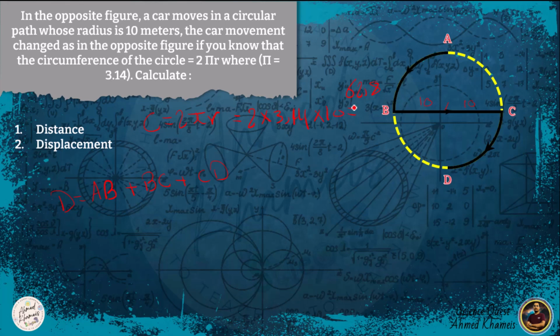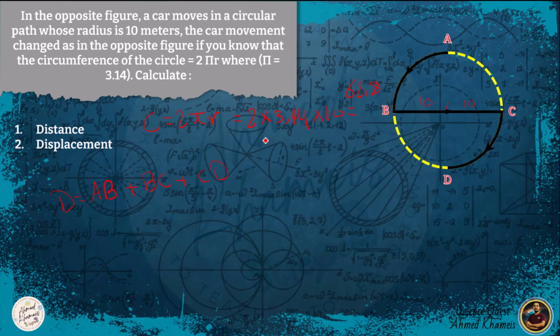equal 62.8. Then determine how much of the circle the object moves: half a circle, quarter of a circle, 3/4 of a circle. So in this figure, the object moves quarter plus quarter, so the object moves half a circle.